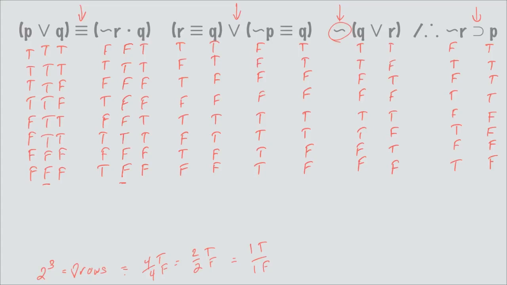So if they're both true or they're both false, then the biconditional is true. So in the first part, I get true if and only if false, so I know that's false. True and true, true. True and false is false, true and false, false again, true and false, true and true, false and false is true, and false and false.